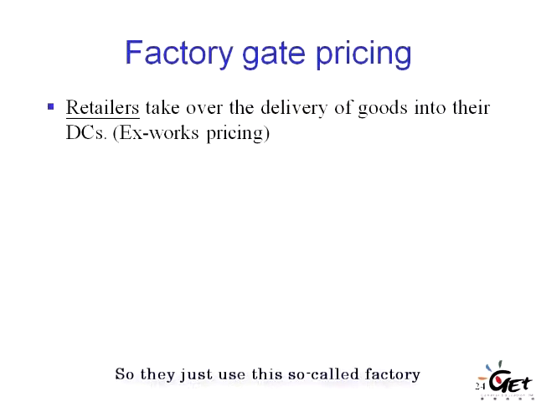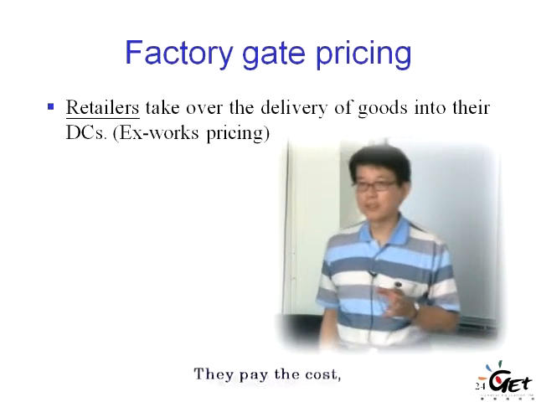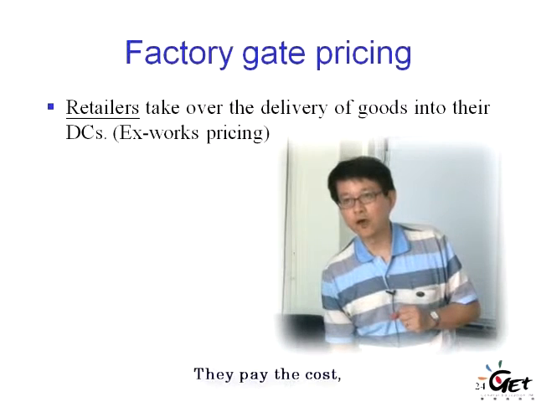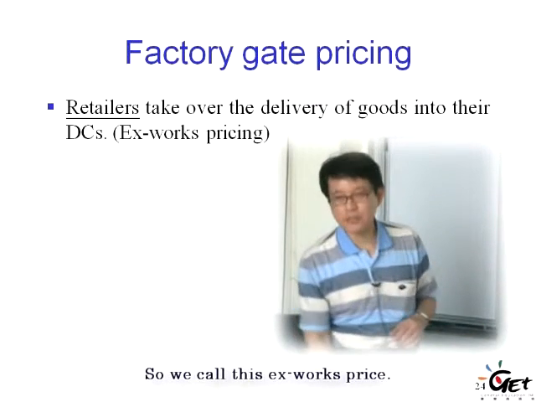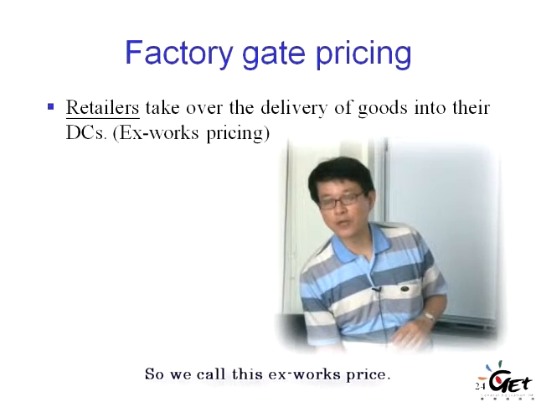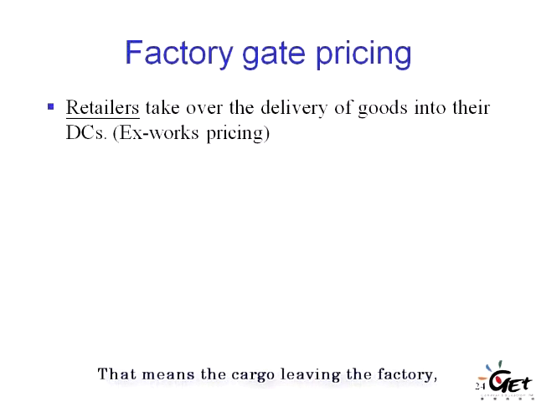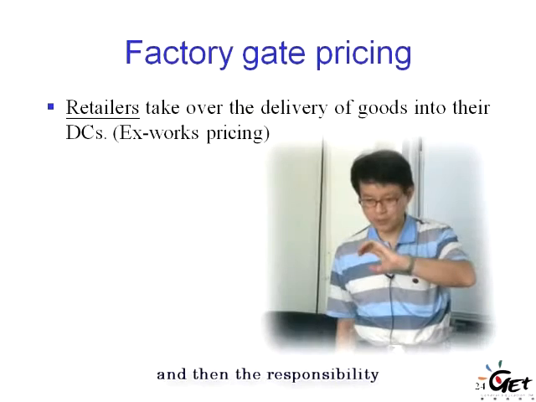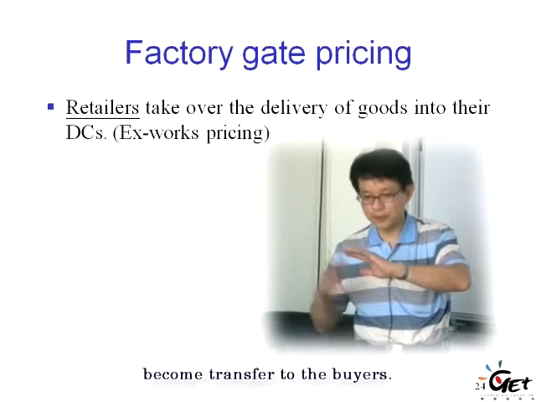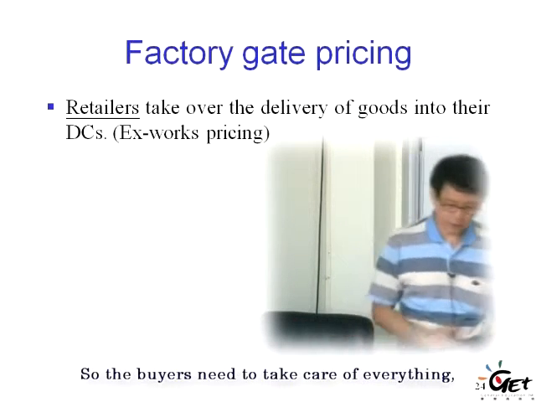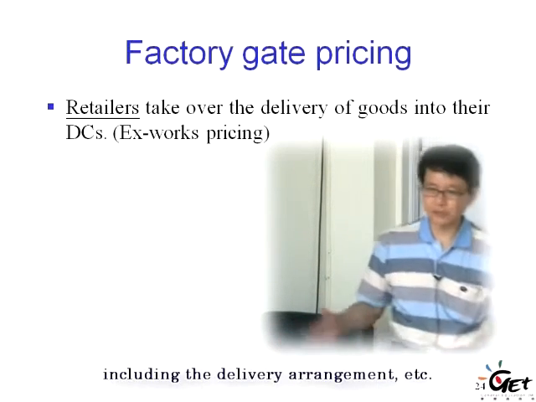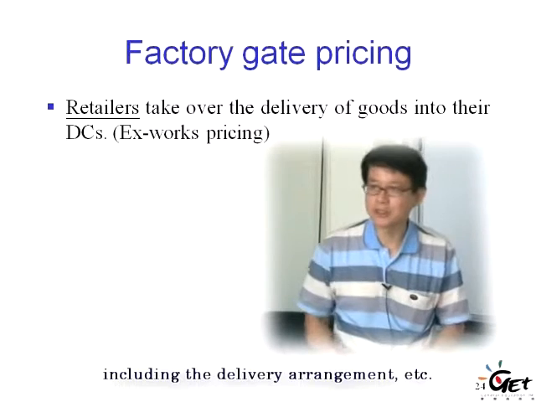So they use this so-called factory gate pricing practice. They pay just the buying cost. We also call this ex-works pricing. That means once the cargo leaves the factory, the responsibility is transferred to the buyers. The buyers need to take care of everything, including the delivery arrangement, etc.